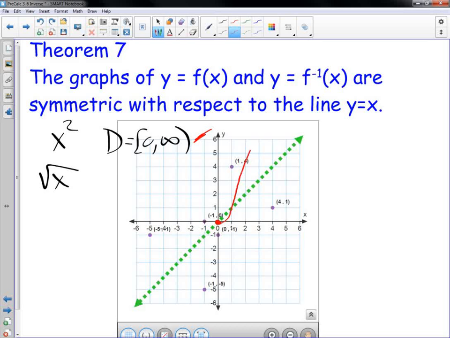So it kind of looks like that. So it kind of starts off below. And then the second one, which I'll do in green, will look like this. So they can't cross each other. What kind of function is this one right here? Radical. A lot of times we'll call it square root because it's a square root sign.